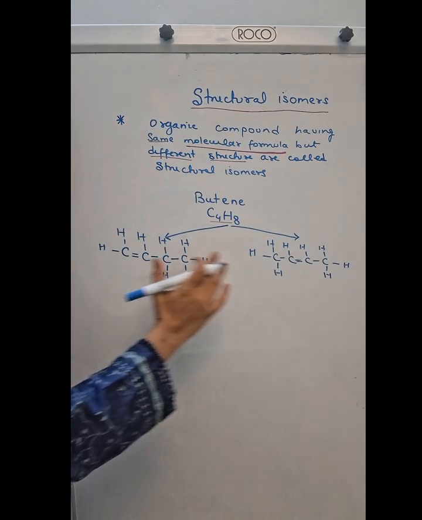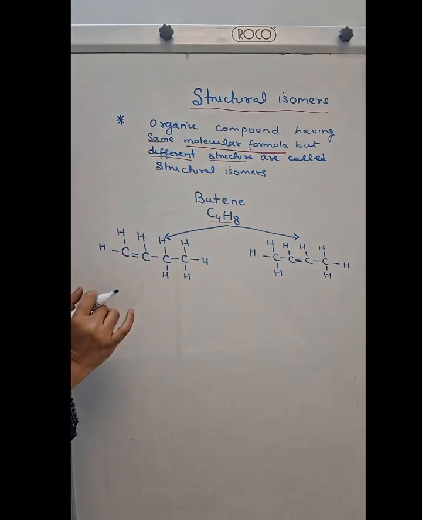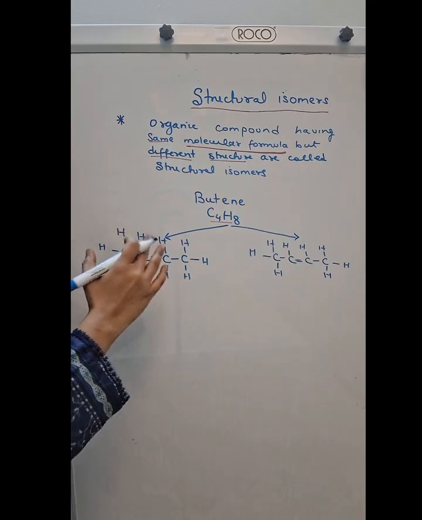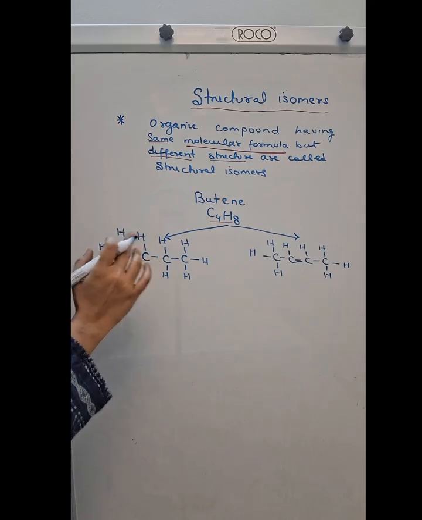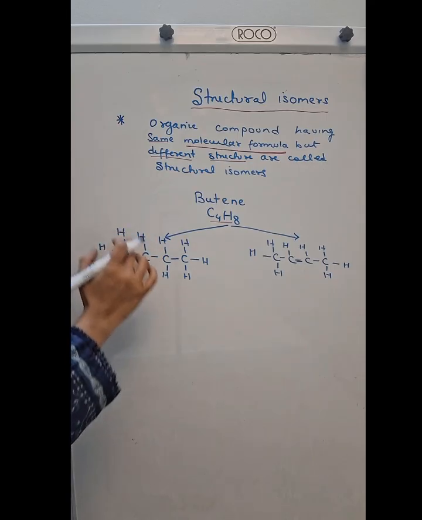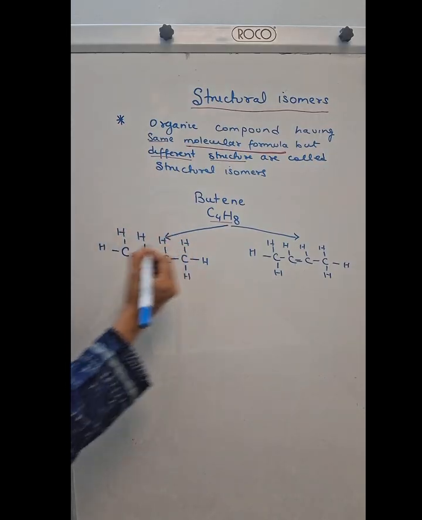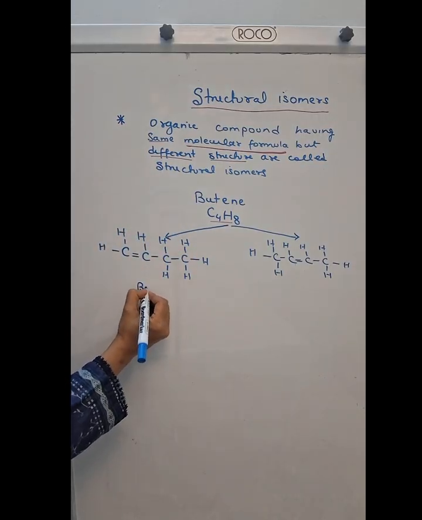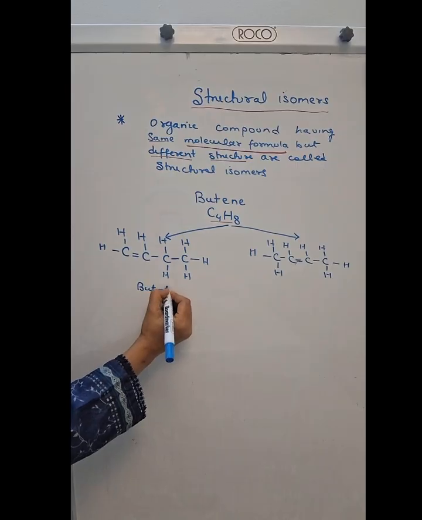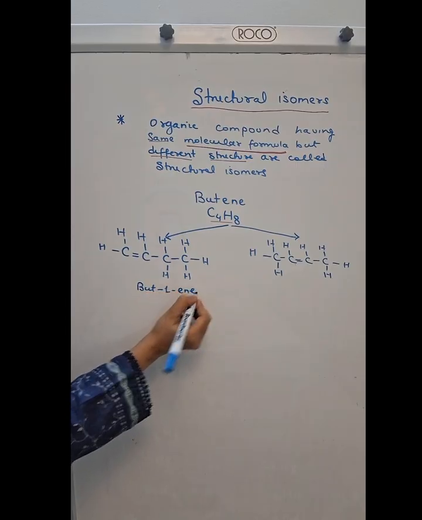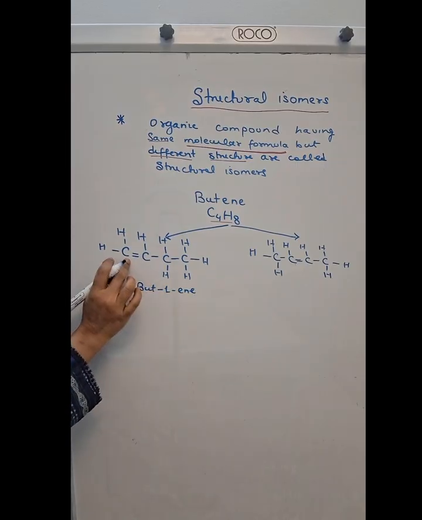They are totally different from one another. These butenes are different from one another because the double bond position is changed. So the name will also change. This butene will be called but-1-ene. Now this 1 stands for carbon number 1.